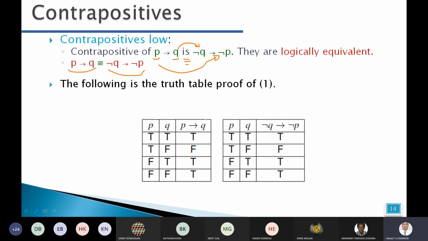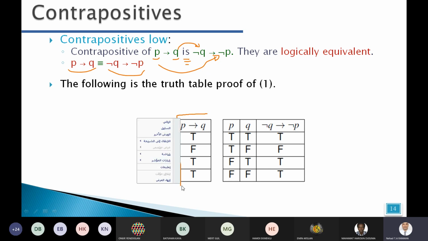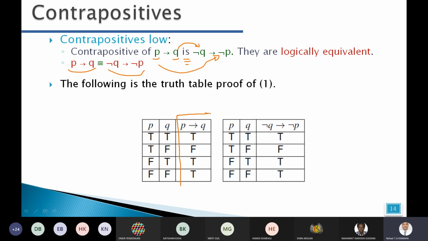So to get P implies Q, I think we already get it many times.